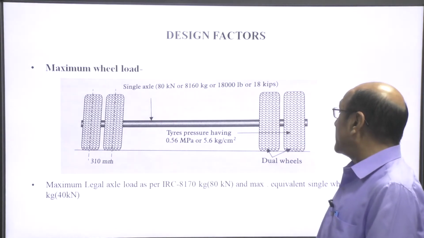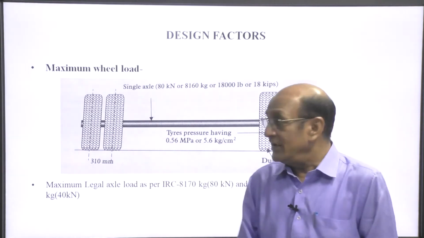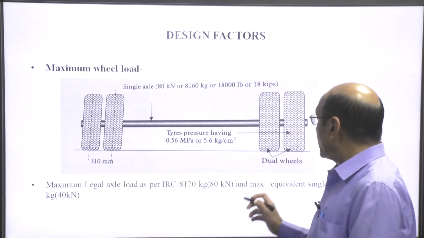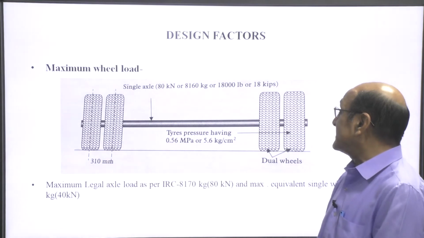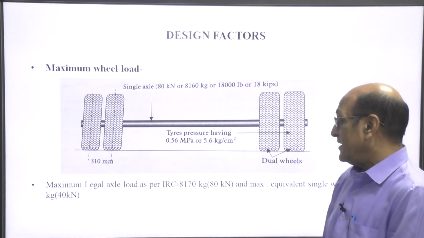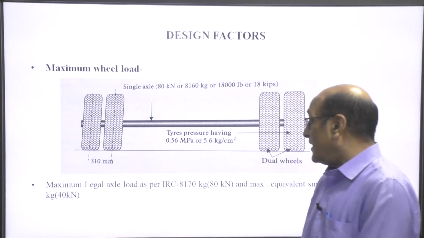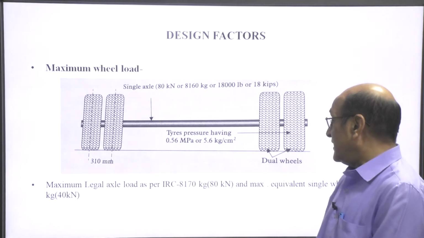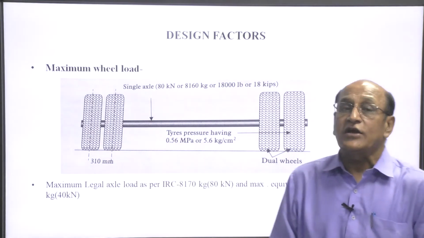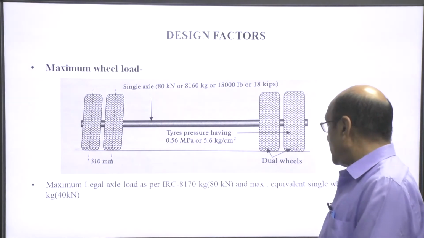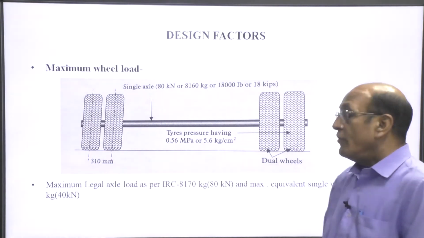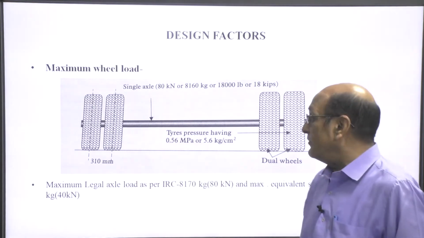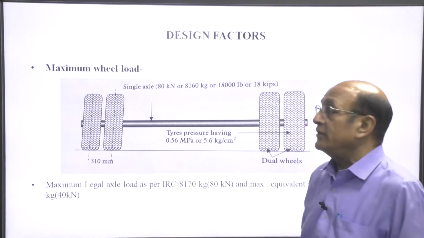The tire pressure in each tire shall be 0.56 megapascal or 5.6 kg per centimeter square. The maximum legal axle load as per IRC is 8170 kg, meaning 80 kilonewton, and the maximum equivalent single wheel load will be 4085, half of this.